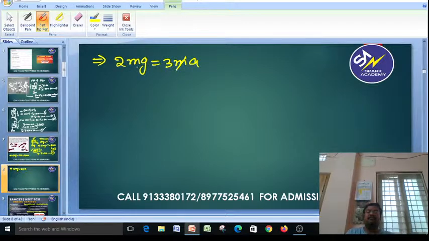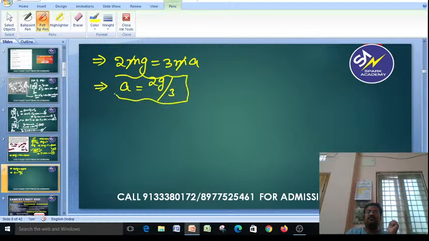So m will get cancelled. The acceleration a, the acceleration of the blocks in the entire system, is equal to 2g divided by 3. Don't substitute the value of g, because the solution is in terms of g.